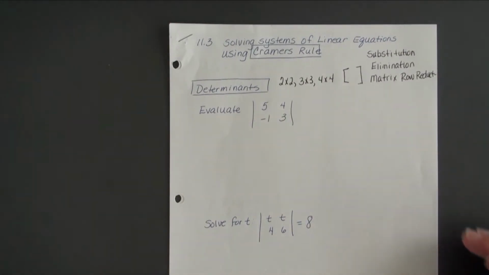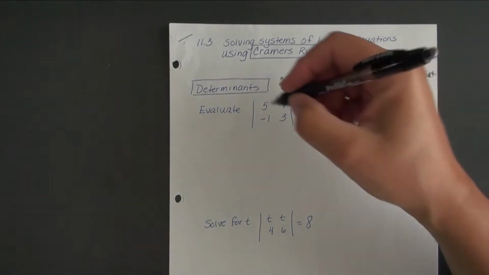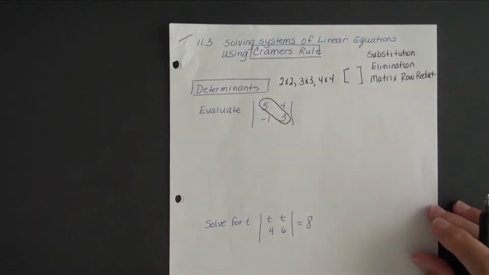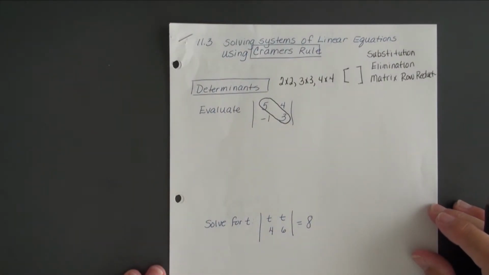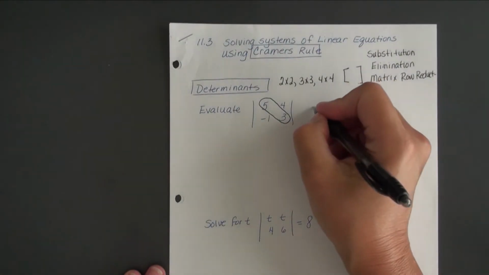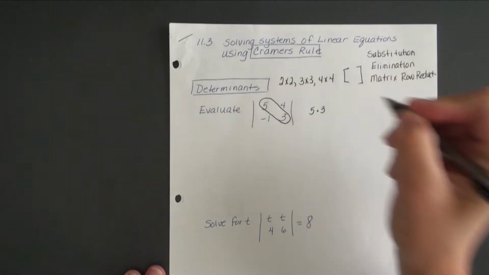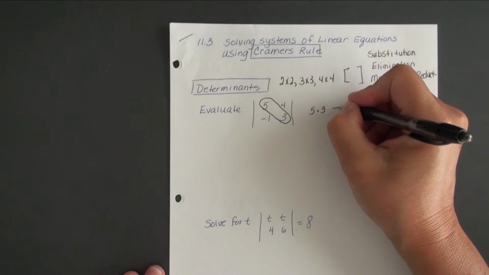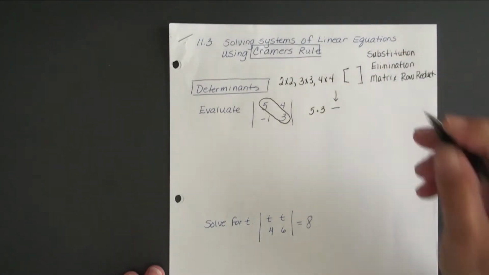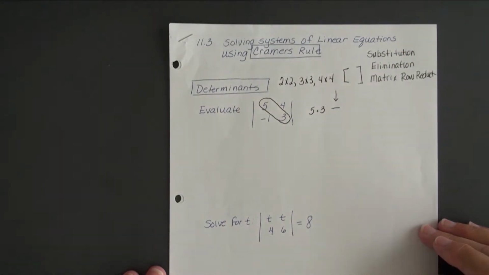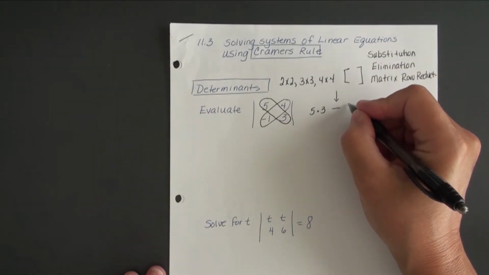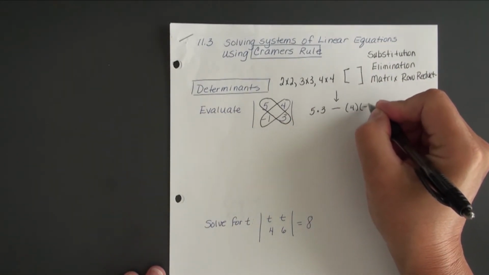Anytime you have a 2 by 2 determinant, you solve it by starting along the diagonal that starts at the top left-hand corner, and you multiply those two numbers together. So 5 times 3, and then you subtract, and it's always a subtraction, the product of the other two numbers. So 4 times -1.